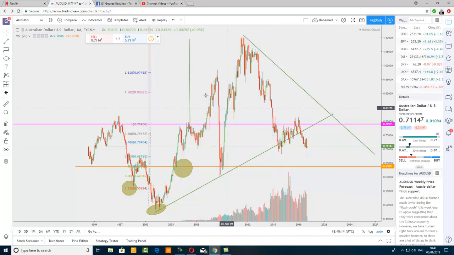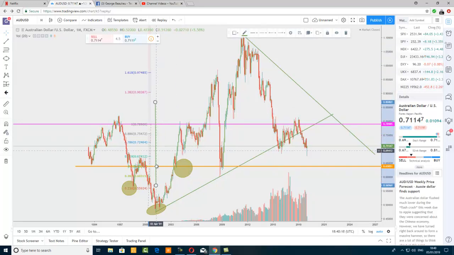Now, there is something that was said before by Isaac Newton, an English scientist, that says, as above, so below. You see here, as below, so above. Do you see the head and shoulder here? This is the head here. This is the left-hand side shoulder. This is the right-hand side shoulder.